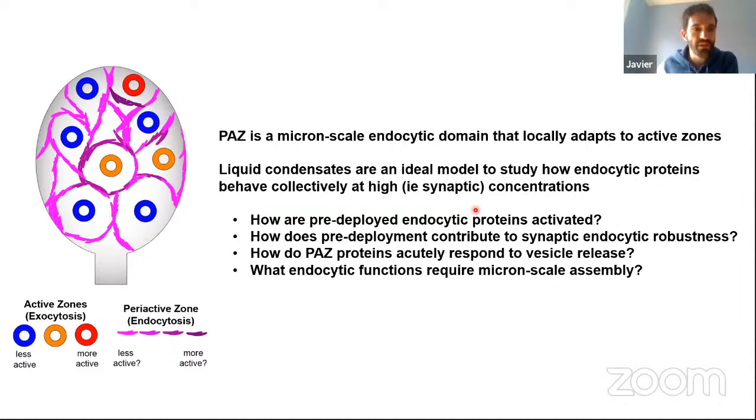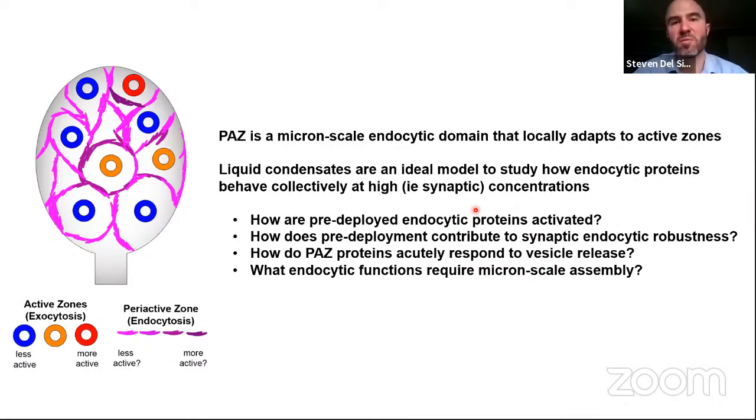Yeah, and I have another question, following a bit about the design you have here. When you do these mesh work measurements, what is exactly the mesh work? I got a little bit lost there. Is it a reticulum inside the bouton, or are you actually looking at the plasma membrane? Yeah, so it's associated with the plasma membrane.